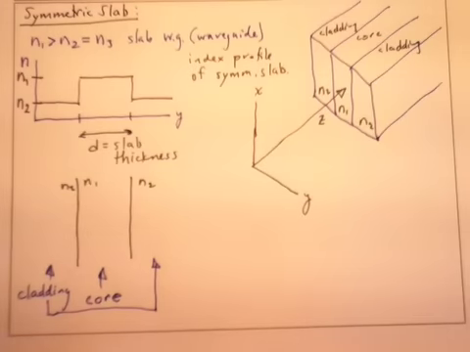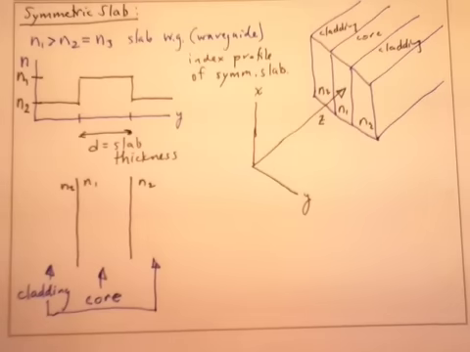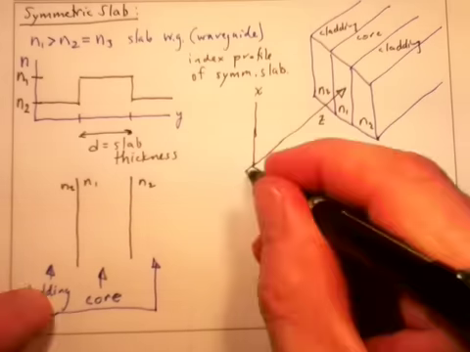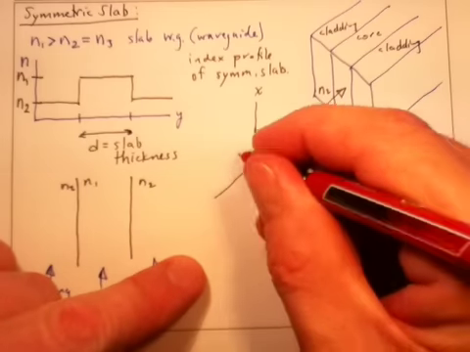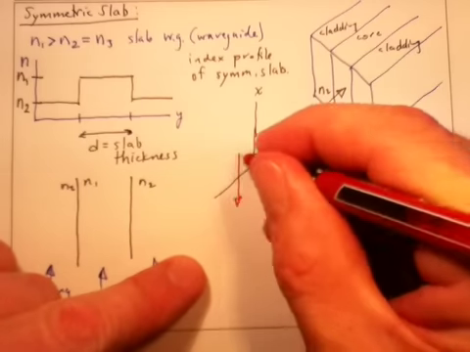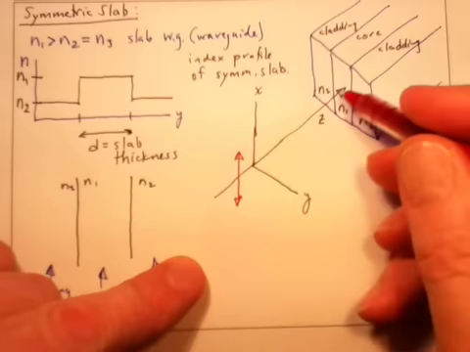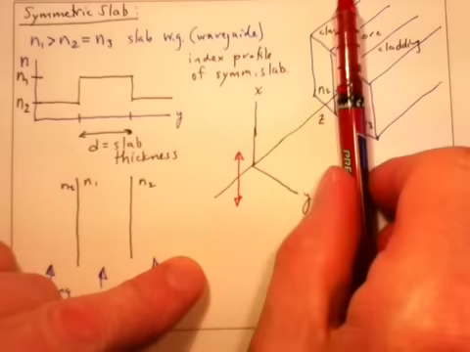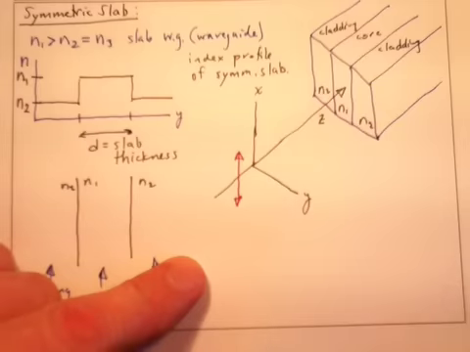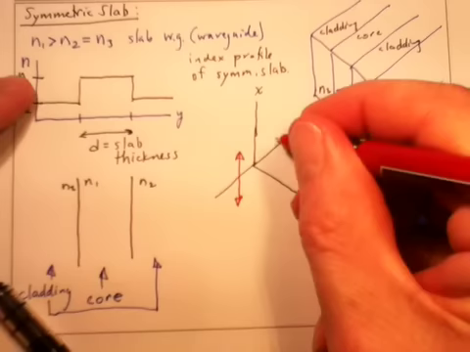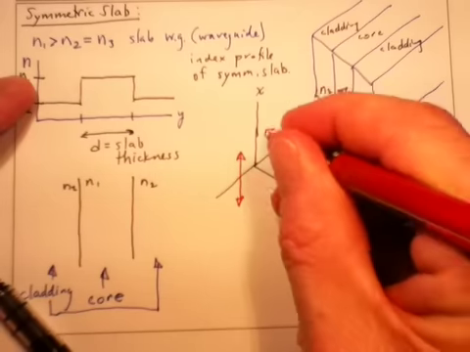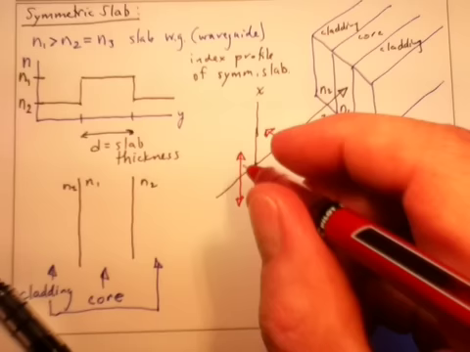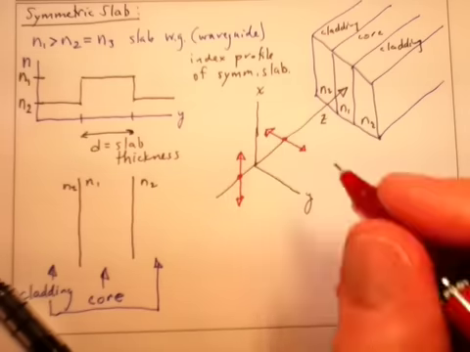So we know that light is a transverse electromagnetic wave, and we can put light into this thing either with a polarization direction which is parallel to the slab, or we can put light in which is perpendicular to the slab.